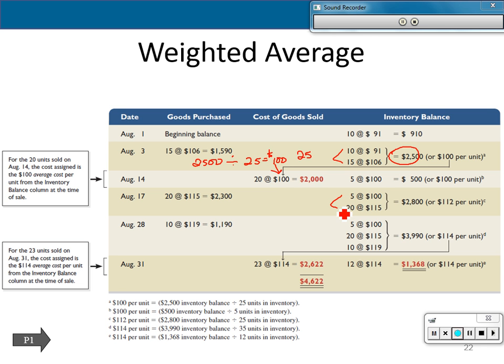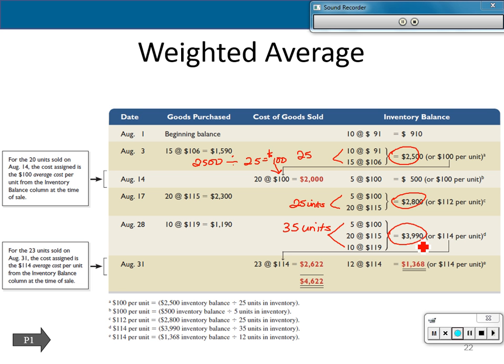We have a total of 25 units again, at a total price of $2,800. We're adding more again, so we have a total of 35 units. They're all at different prices, however the total price is $3,990.